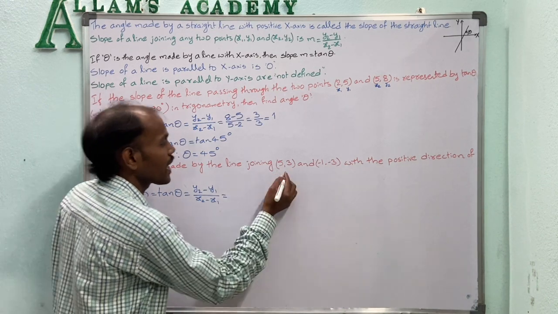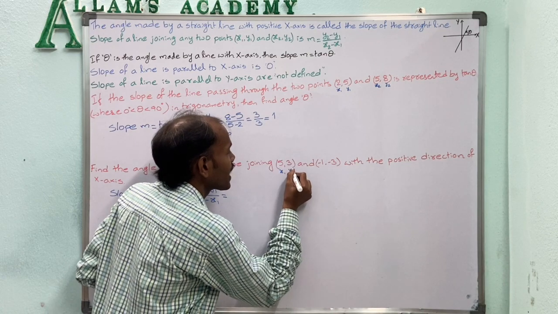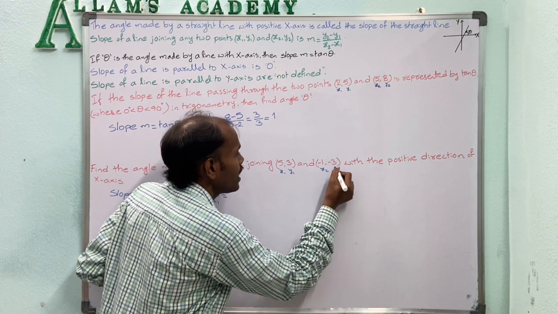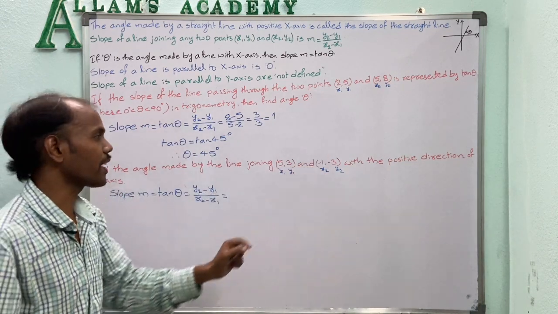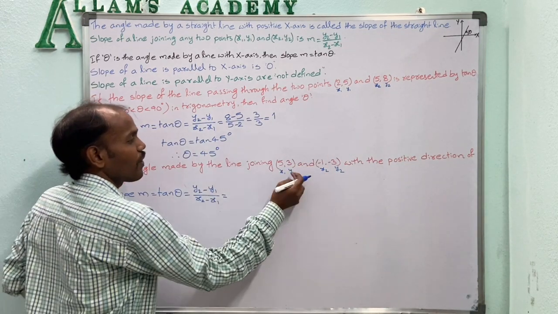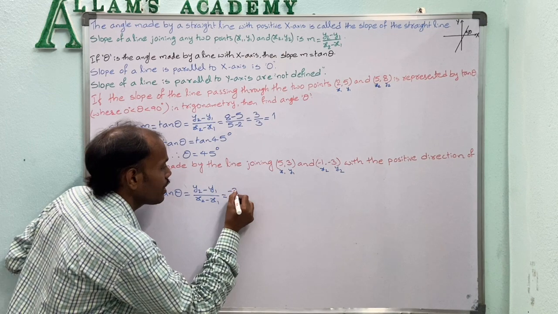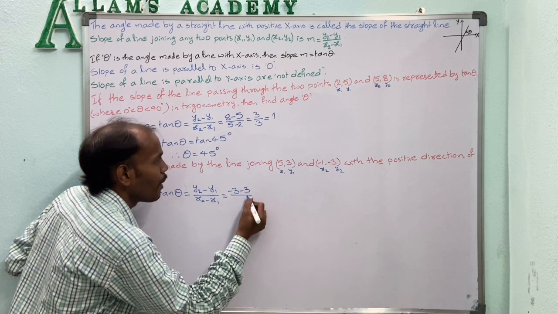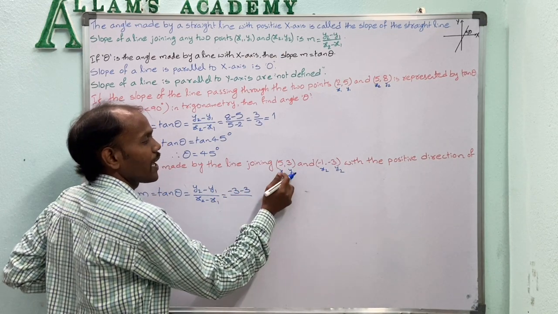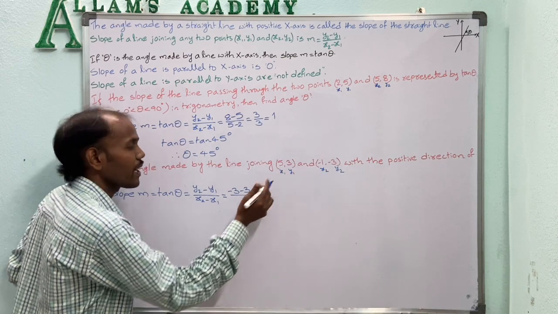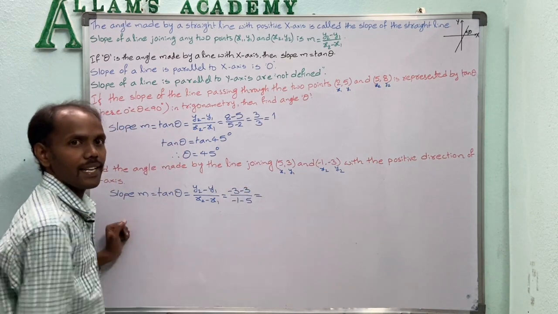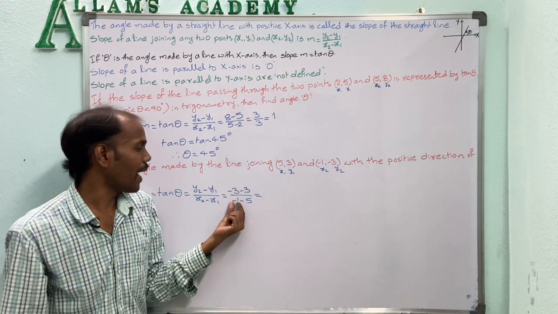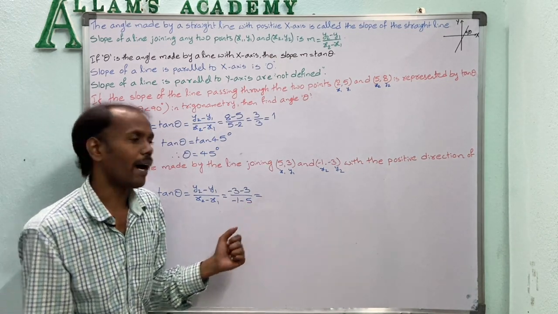So from here, 5 comma 3 we take as the x1, y1 coordinates and minus 1 comma minus 3 as the x2, y2 coordinates. Then y2 minus y1, that is minus 3 minus 3, is minus 6, by x2 minus x1, that is minus 1 minus 5, which is minus 6.